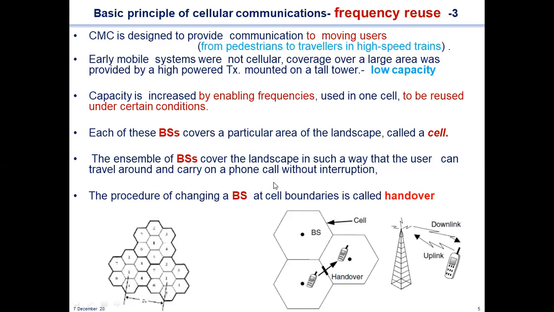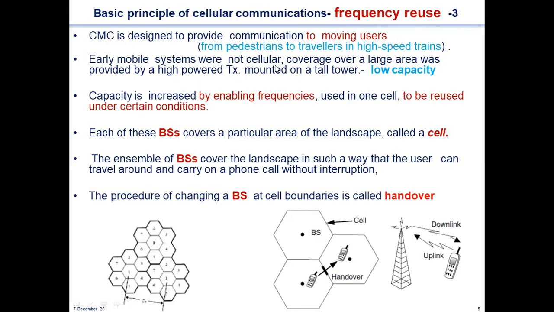Here, more elaborately, cellular mobile communications is designed to provide communication to moving users. This is the main objective of wireless communication, from pedestrians to travelers in high-speed trains. Early mobile systems were not cellular.